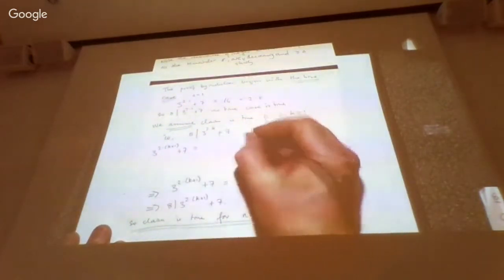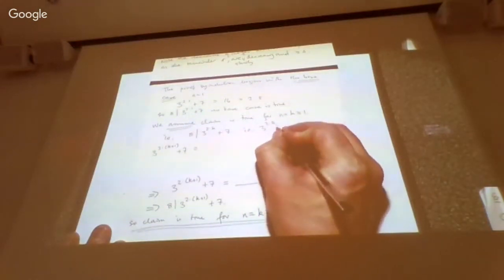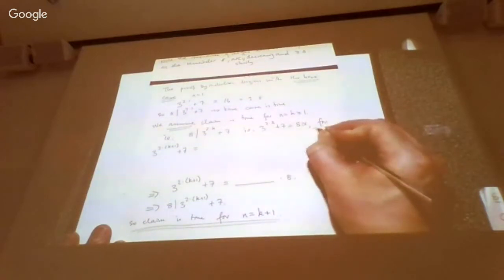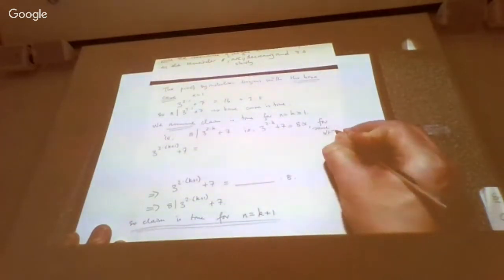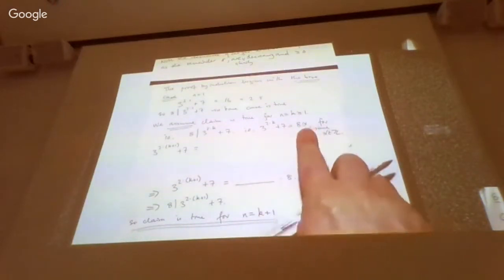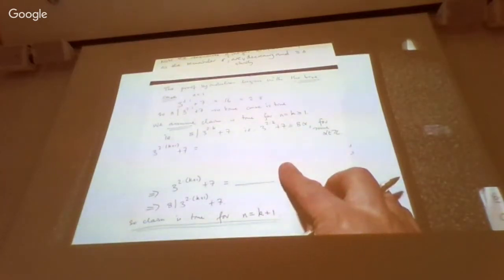Oh yeah, I didn't roll forward the assumption. The assumption says that 3 to the 2k plus 7 is equal to 8 times alpha for some integer alpha. Even just literally naming that integer on the page helps you in the argument, because it gives you a way to talk about that integer and you can introduce it further down.